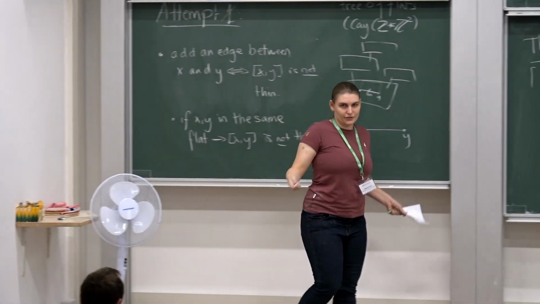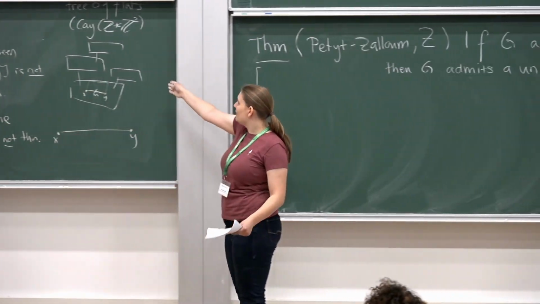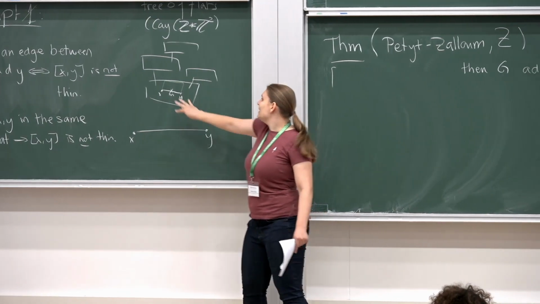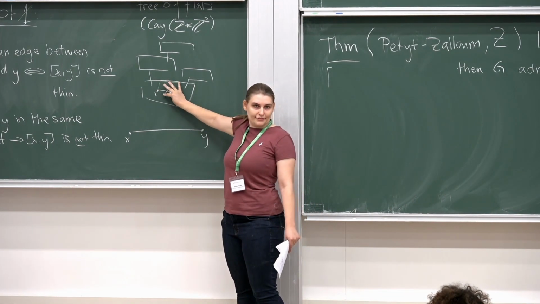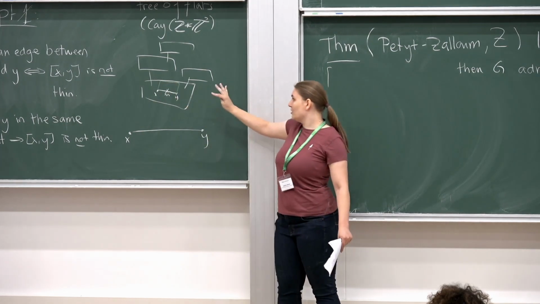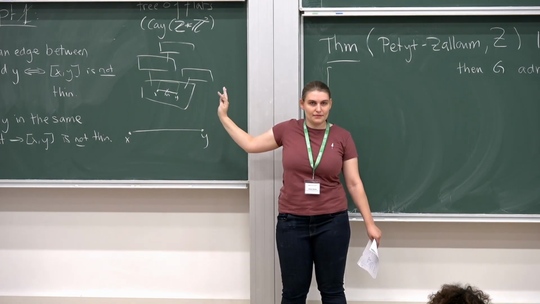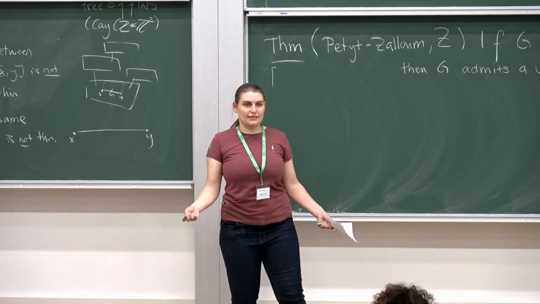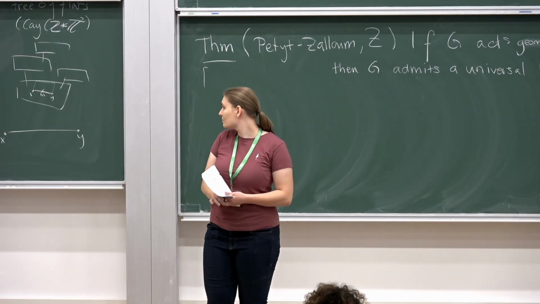Well, this is a good start, because if we want to get a hyperbolic space out of this tree of flats, we really want to collapse the flats. And that's actually the only thing we want to collapse, because it is enough to ensure hyperbolicity and acylindricity.